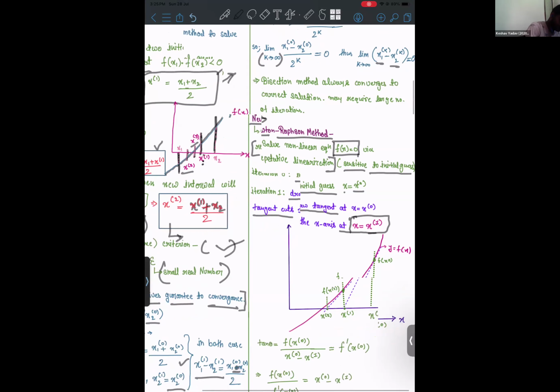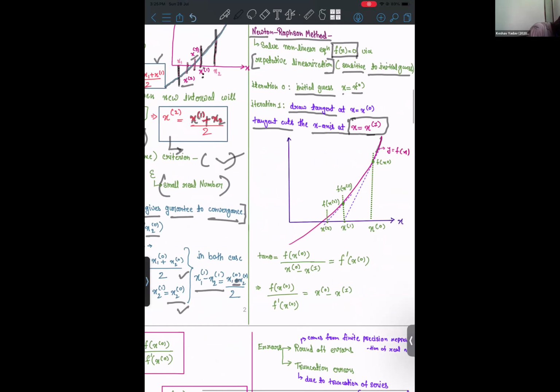So suppose we have a function here, y equal to f of x. I have taken some initial guess. What we will do now is draw the tangent at this point. This is the tangent. Where the tangent cuts will be my root value at the first iteration.